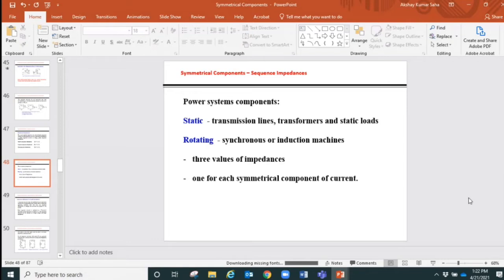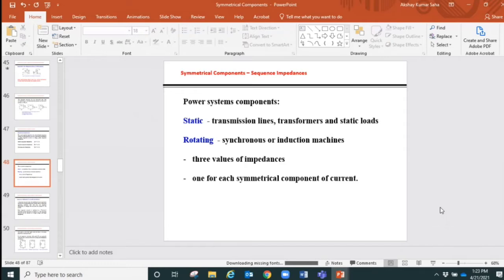We might have three different values of positive, negative, and zero sequence. They don't necessarily need to be the same, and it also depends on what we are interested in. For example, if you want to study a synchronous machine, you will need to know the duration of your study. Is it a very small time, medium, moderate, or a long duration, like steady state analysis?